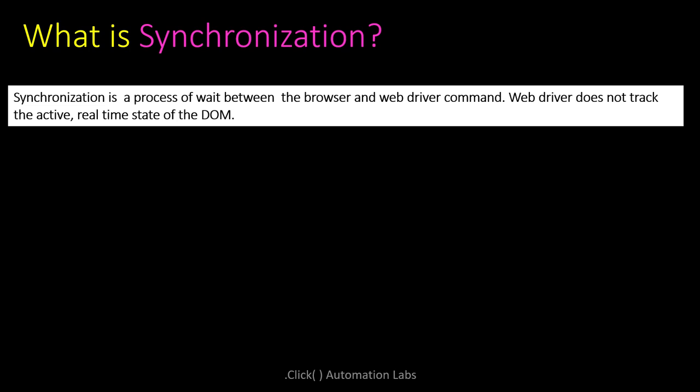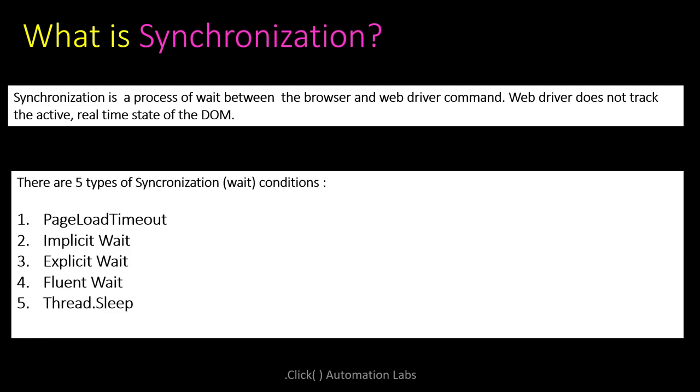The WebDriver doesn't know how many of your elements are active; some elements may load, and a few may not be loaded. The tool may look for an entire page load, but not for a particular element. To manage these kinds of settings, we depend upon the synchronization process.